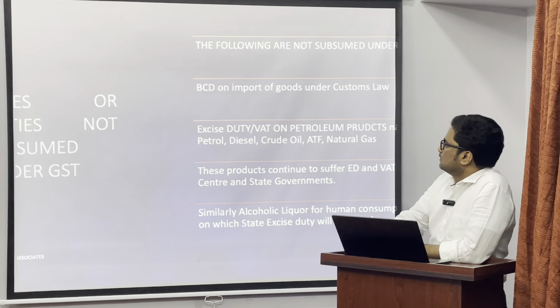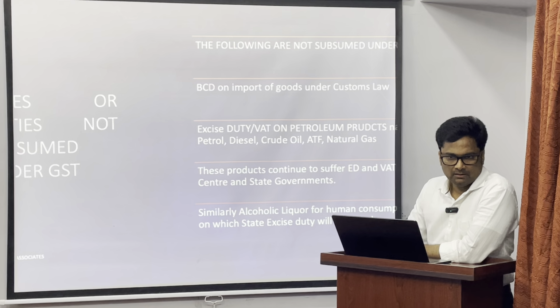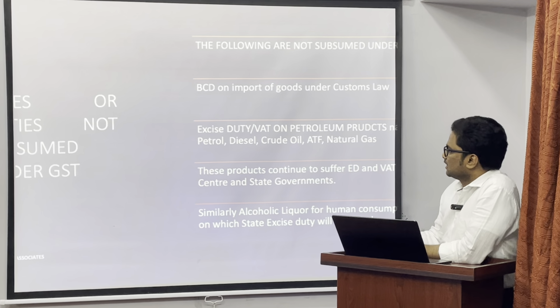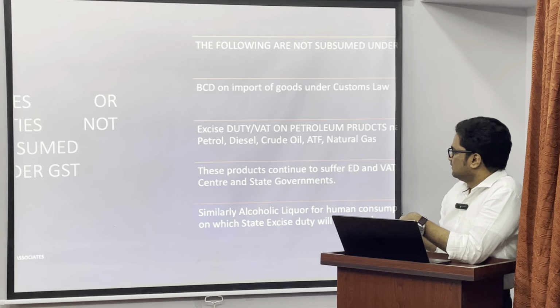Okay, but the following are not subsumed. Basic custom duty. So customs will continue, customs law. When you are importing, basic custom duty will be there, and some GST also will be there. We'll discuss. And then excise duty or VAT on petroleum products, namely petrol, diesel, crude oil, aviation turbine fuel used in planes, natural gas.